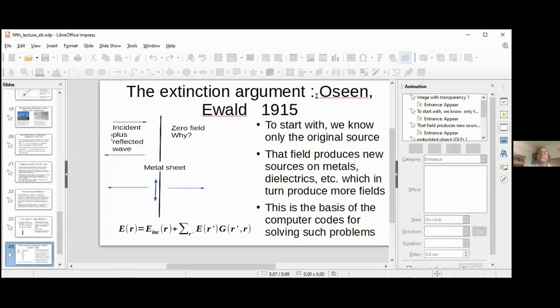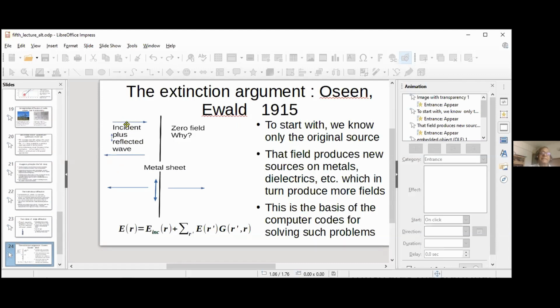So this is this theorem, which was discovered by these gentlemen quite late, if you think about it, in the progress of optics, right? And the simplest example would be an incident wave falling on a flat metal plate, infinite plate, no holes, nothing. It's a mirror. And so you get a reflected wave.